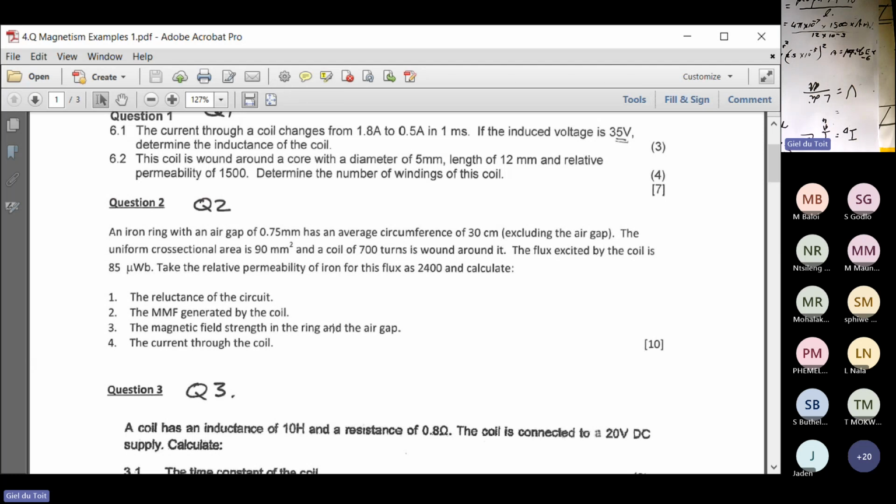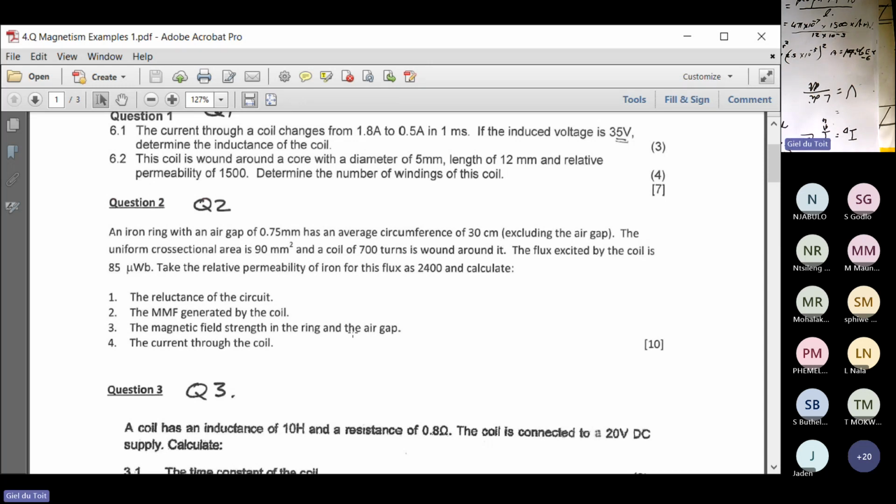So you can do that one. And the current: MMF is NI, you can do that one too, because we've got N is 700. You guys want to try it? And then let's go to the solution and see.